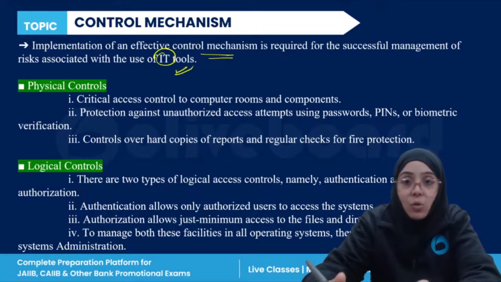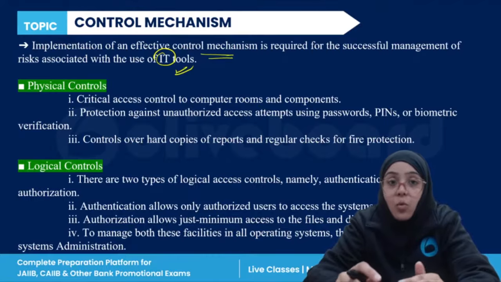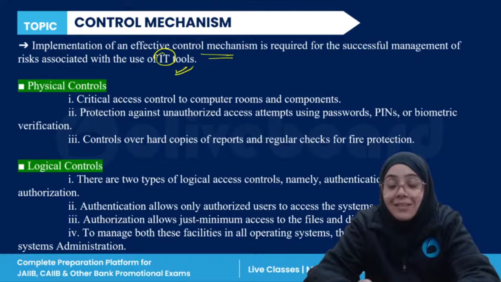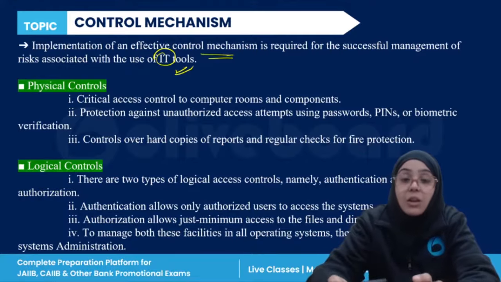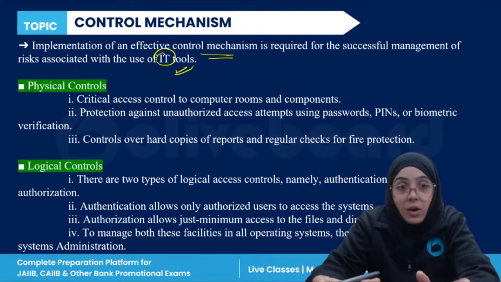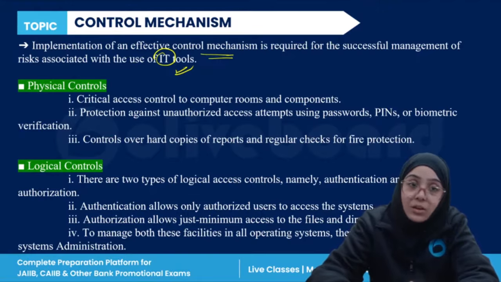So if you have an effective control mechanism and you are successfully managing, then obviously with the use of this IT tool you are maintaining the management successfully, right?